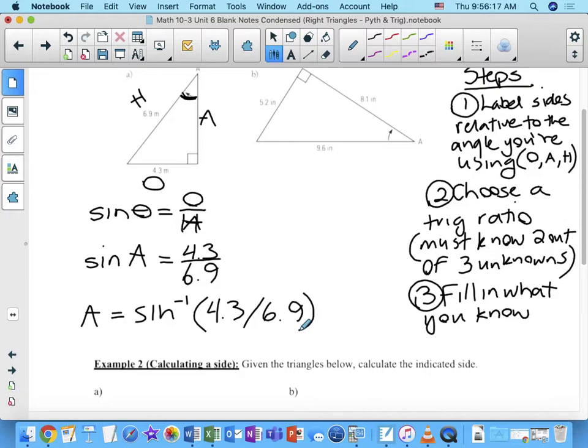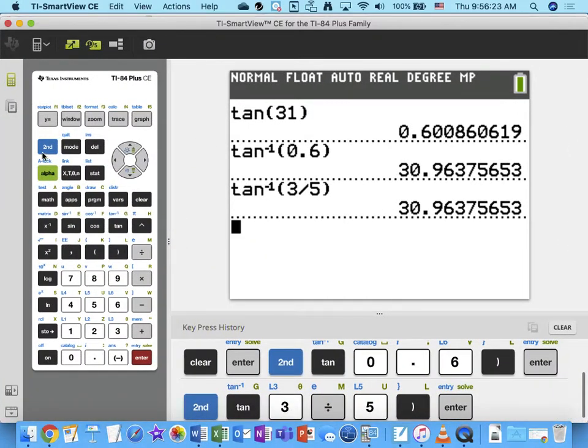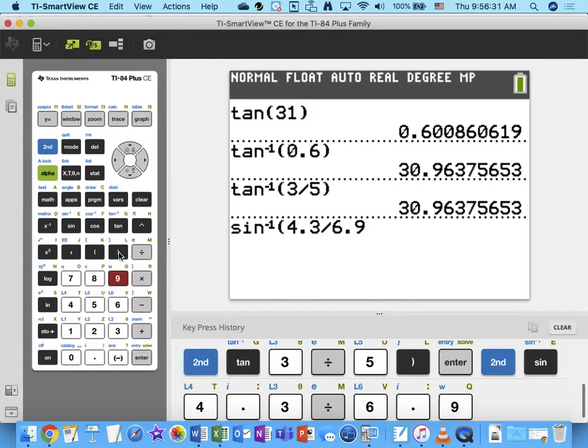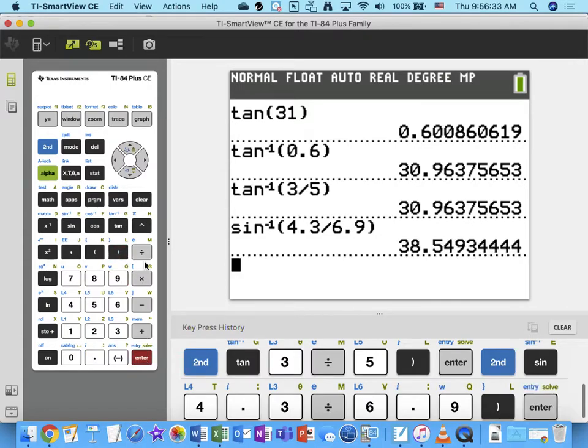That's it. Take out your calculators and go sine inverse of 4.3 divided by 6.9. And you get 38.5 degrees.